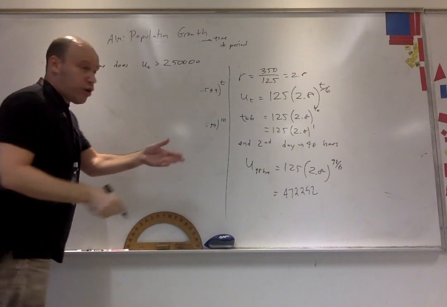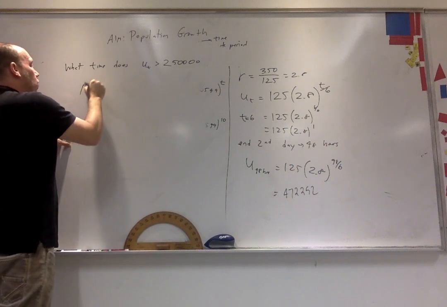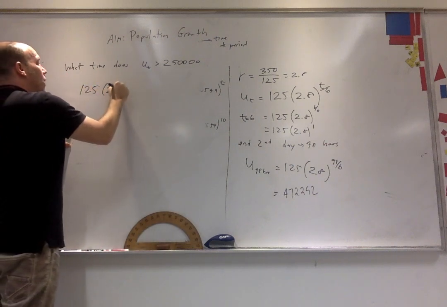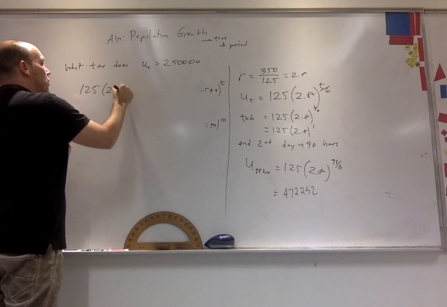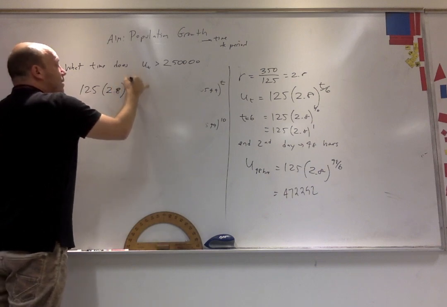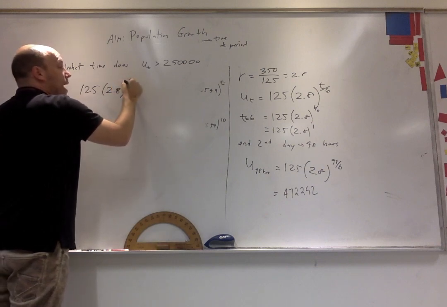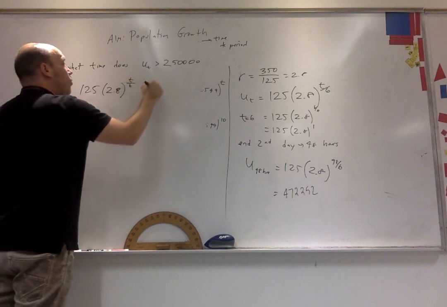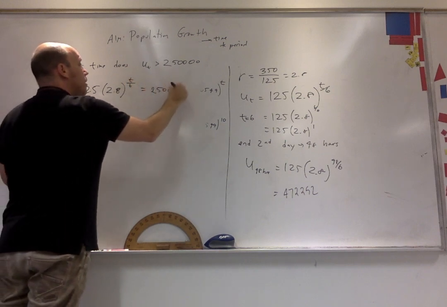Well, you're going to write the equation down first. 125 times 2.8 to the t over 6 equals 250,000.